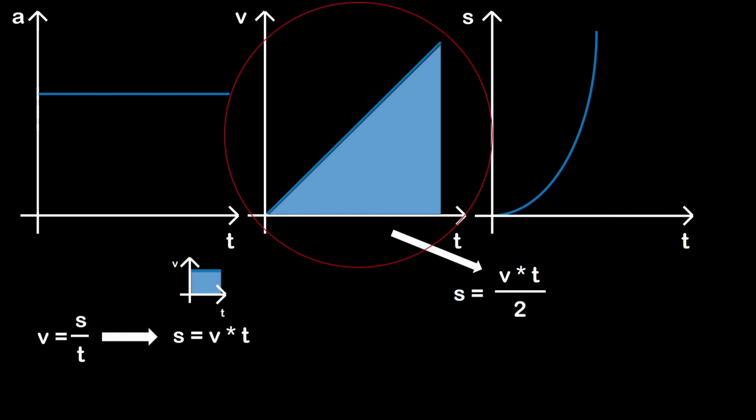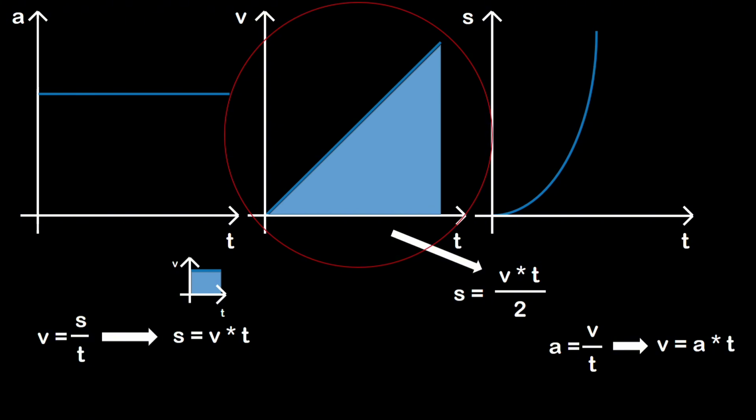But we can do something further with this equation to make it easier, because mainly we will not be given the final velocity, but we will be given the acceleration in examples. As we remember, acceleration is a equals v over t, velocity divided by time. If we multiply both sides by t, we get that v is equal to acceleration times time.